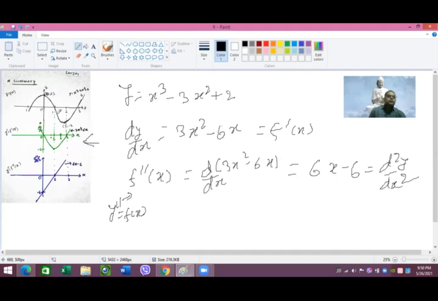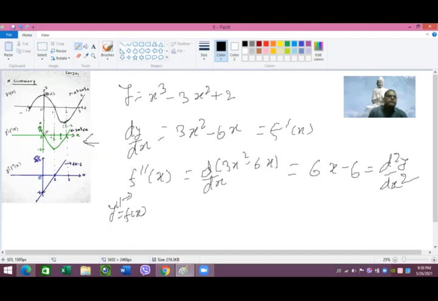Again, we'll do the same procedure for the minimum point. We start from the gradient on one side, that means dy by dx, going through 0 to the other side. Here you can see as we approach this maximum point, which is near about 0.6 or 0.7, very close to -1.